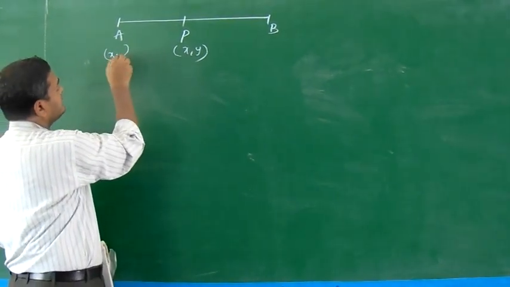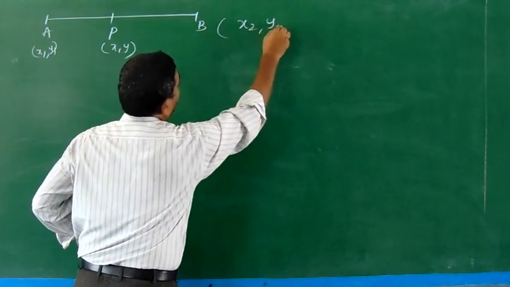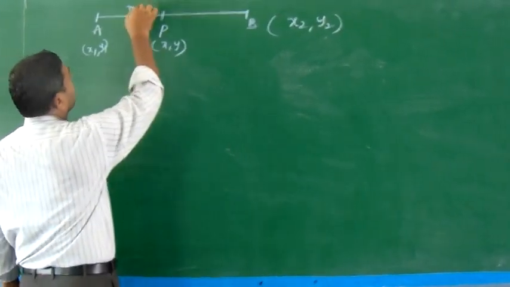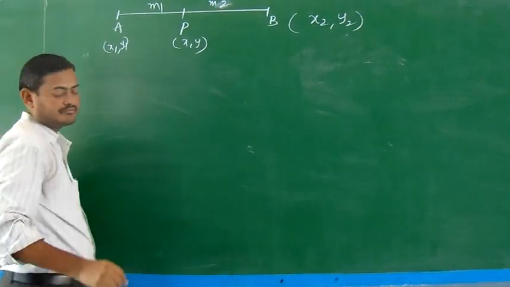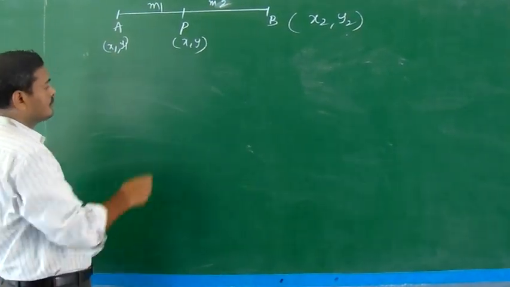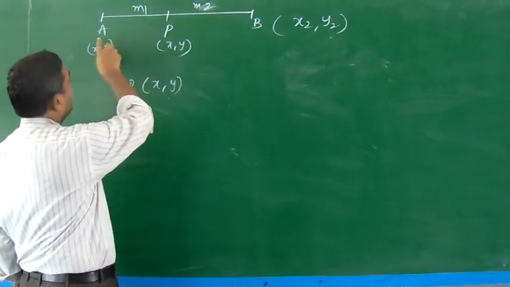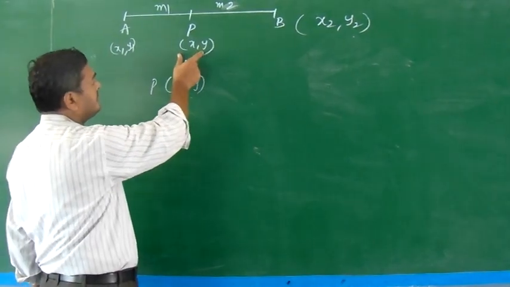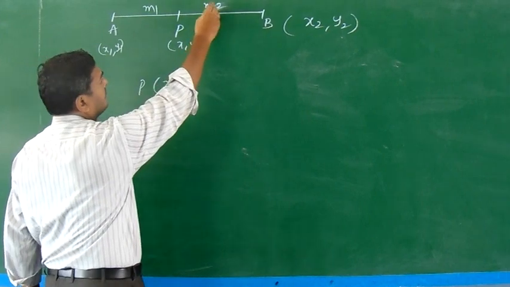Here A is (x1, y1), B is (x2, y2), divided in the ratio m1 is to m2. So A (x1, y1), B (x2, y2) divides the point P(x, y) in the ratio of m1 is to m2.